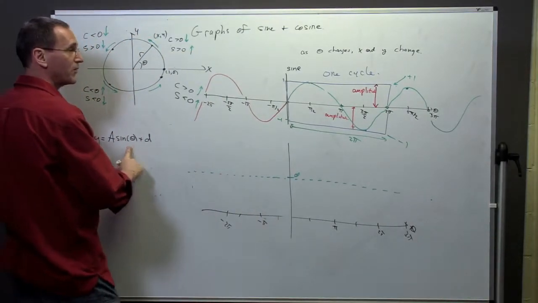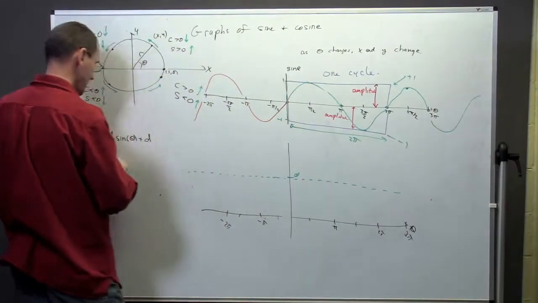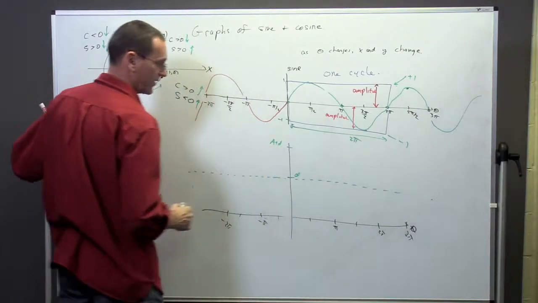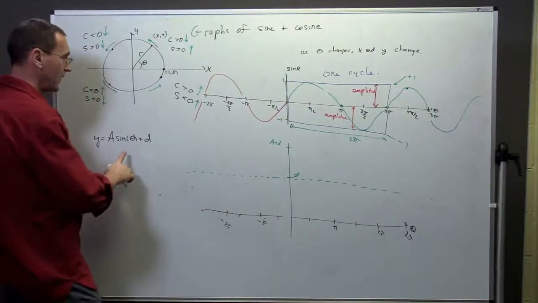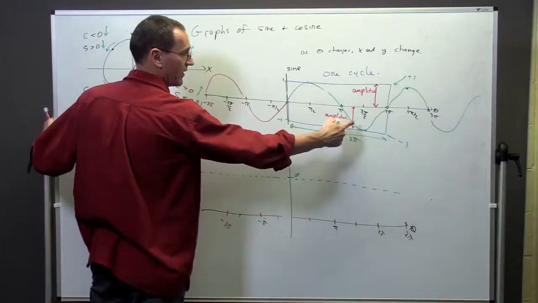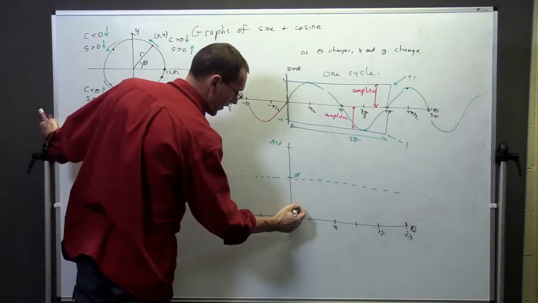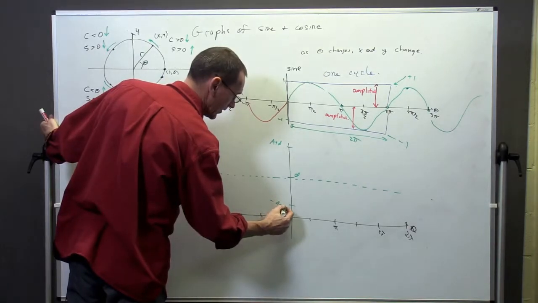When sine is equal to 1, this is going to be A plus d. So the biggest this can ever get is A plus d. Sine also comes down to -1, so this could be negative. So this can come down as far as minus A plus d.